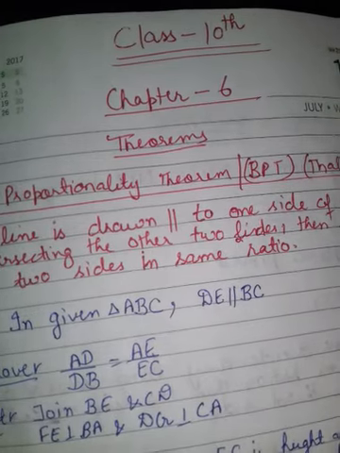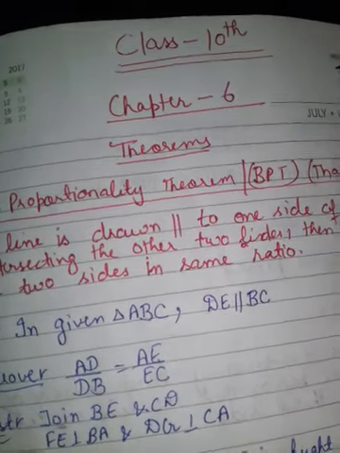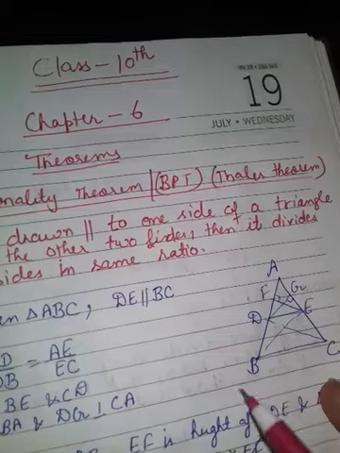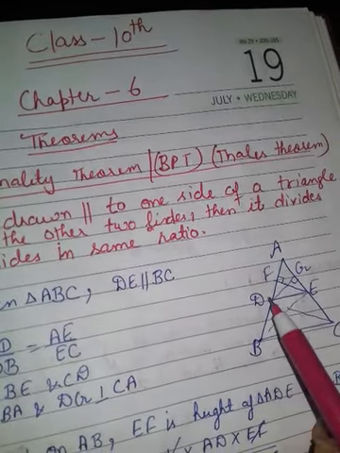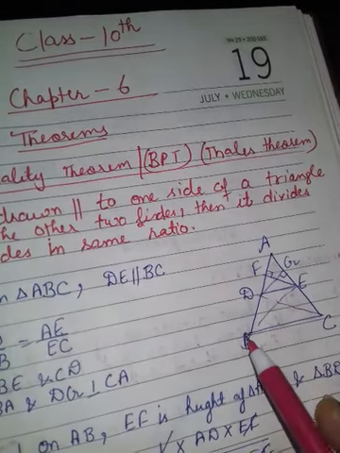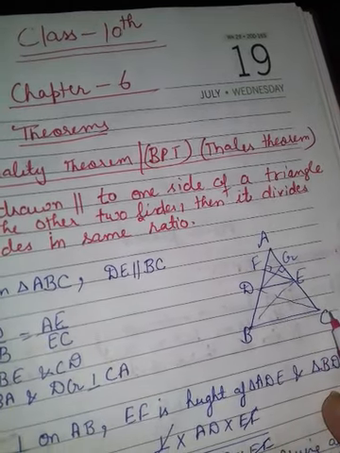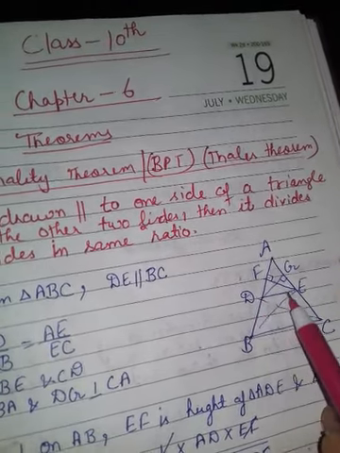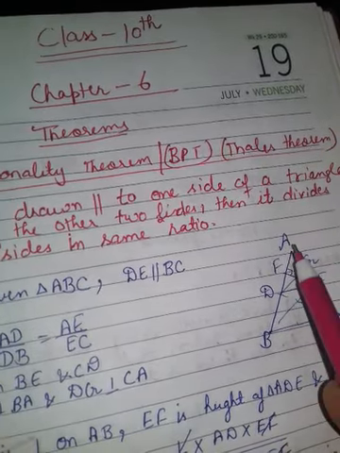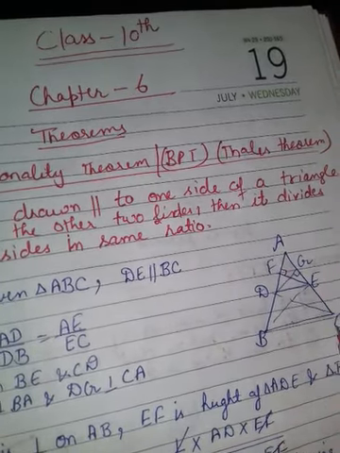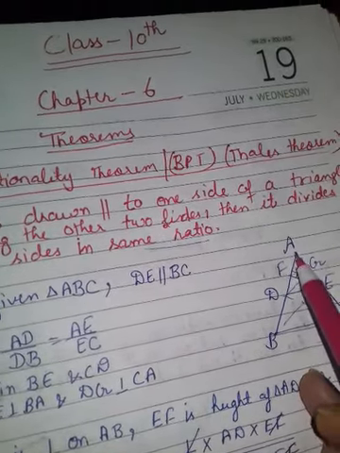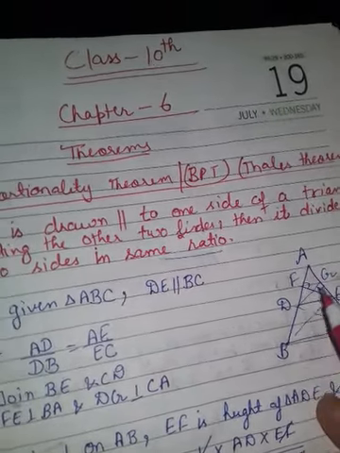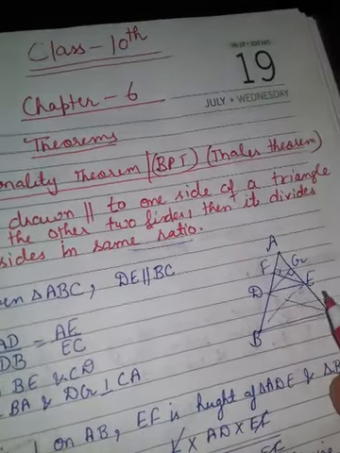According to your given statement, it is given that triangle ABC is your triangle. We have drawn a line DE which is parallel to one side of the triangle, and this line is dividing the other two sides in equal ratio. You have to prove that AD upon DB is equal to AE upon EC.